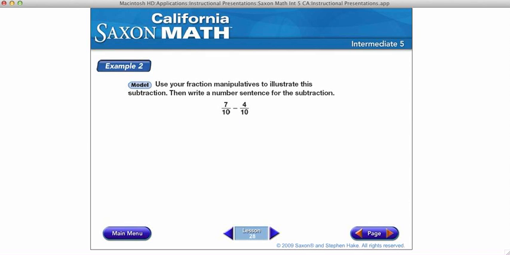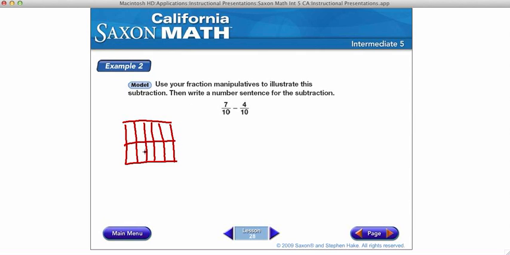Example 2, use your fraction manipulatives to illustrate this subtraction. So we are going to draw a square. I chose this a little too big, so we'll erase this part. Okay.